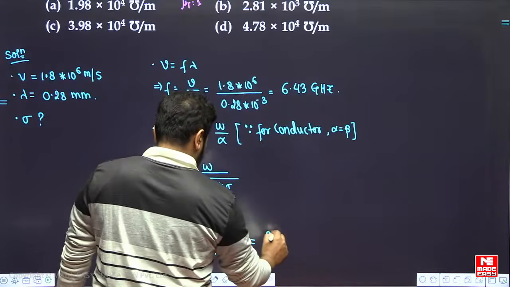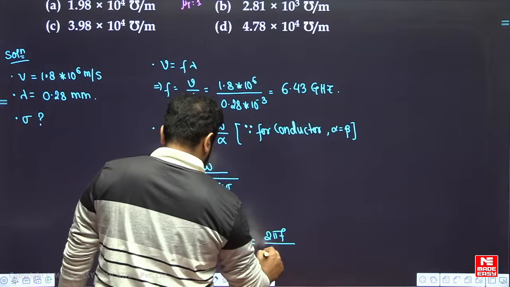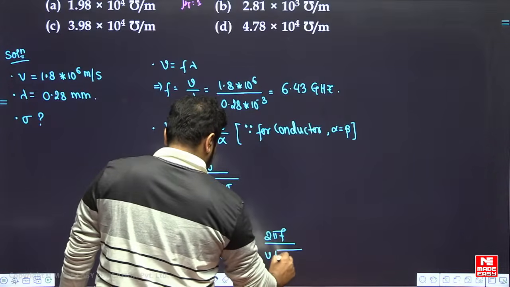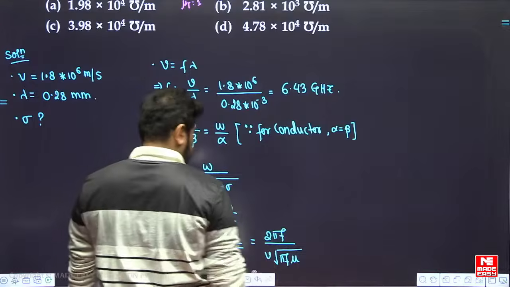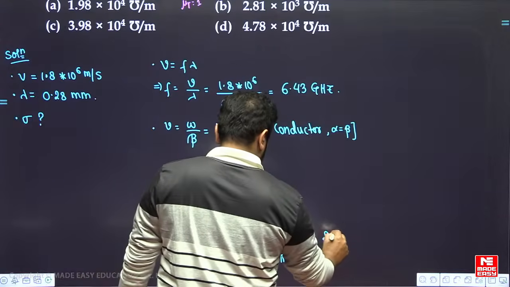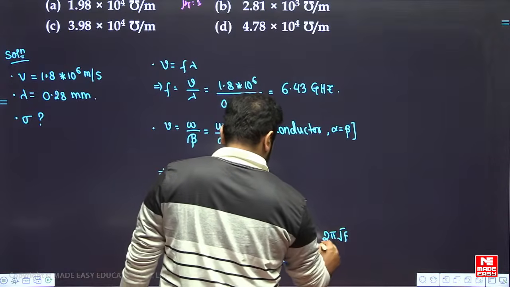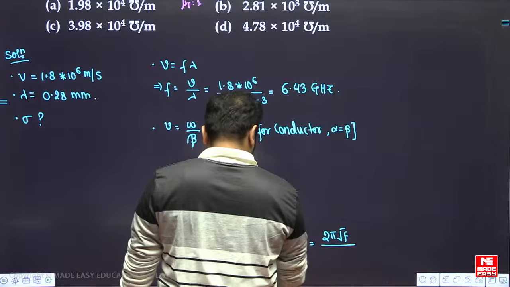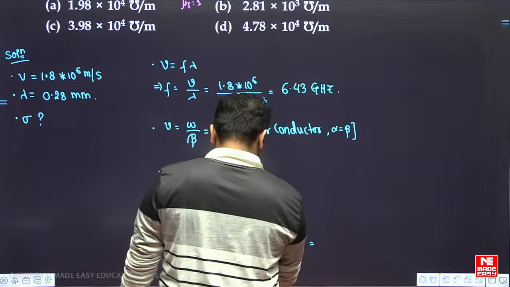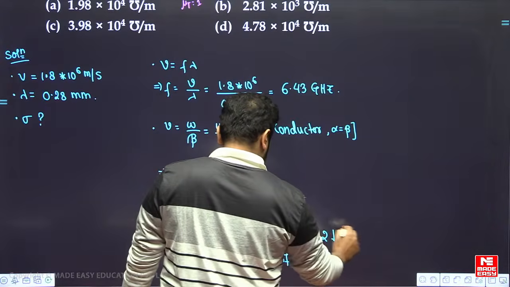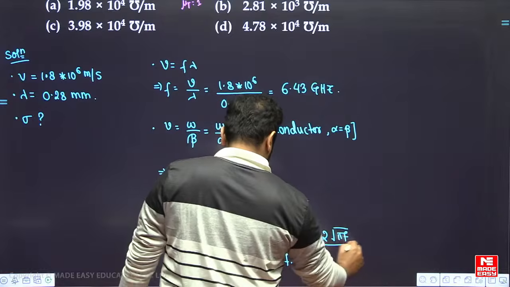Omega means 2 pi f upon v root under pi f mu. So this is equal to 2 times root of pi f upon v root of mu.